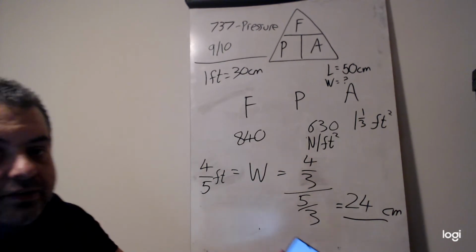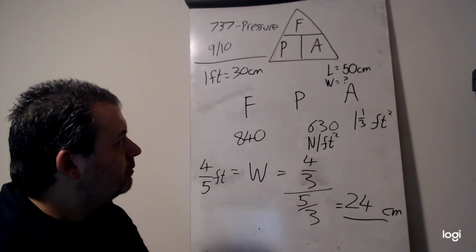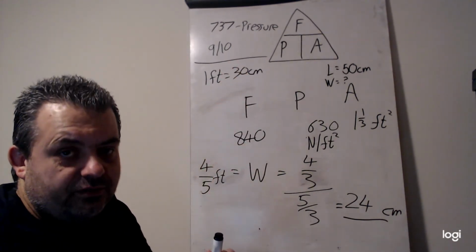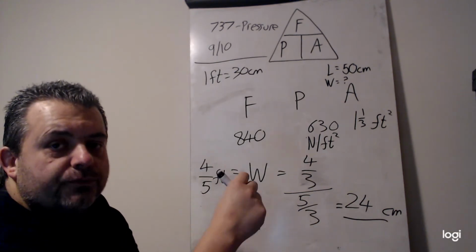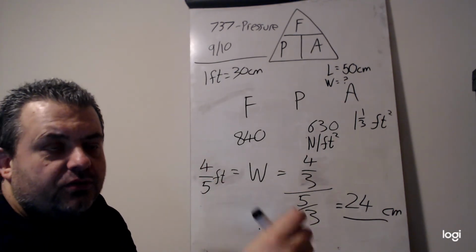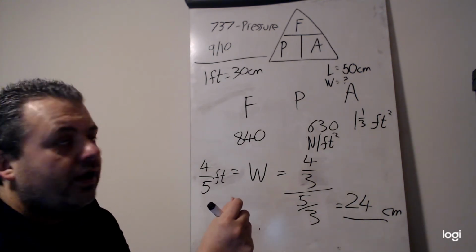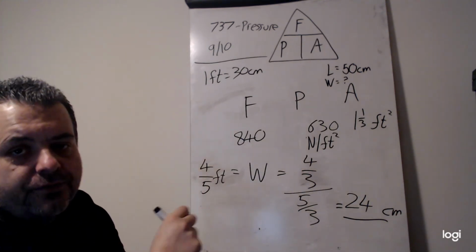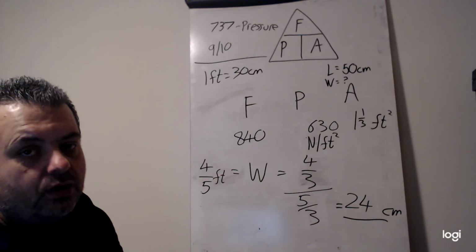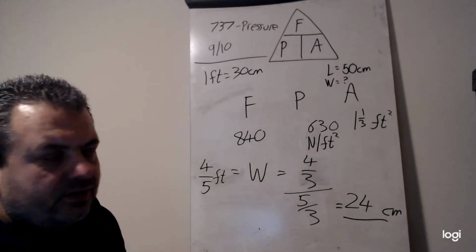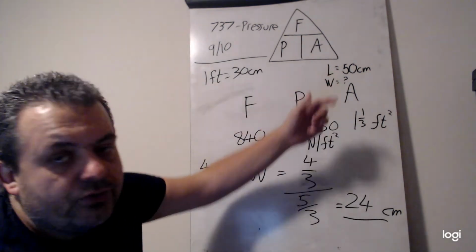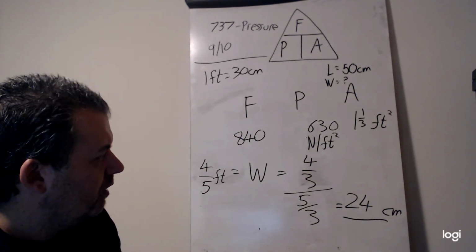I think it's fair to say there's a lot going on. Make a list. Write down 1 foot is 30 centimetres, 1 square foot is 900. Then write down 1/3 of a foot is 10 centimetres. 5/3 is 50. Obviously that number will probably change for yours.